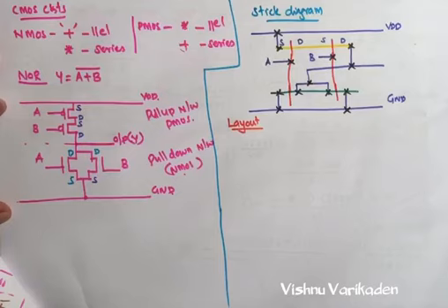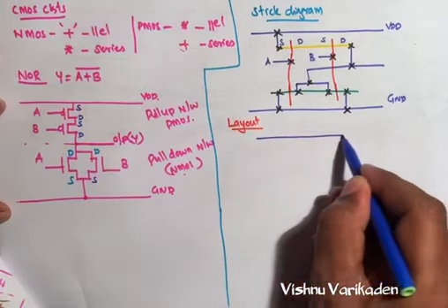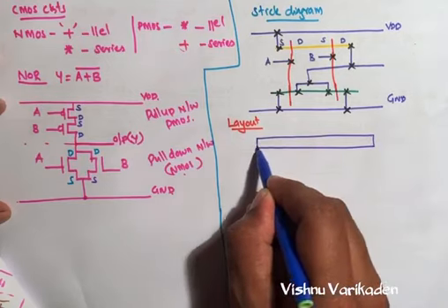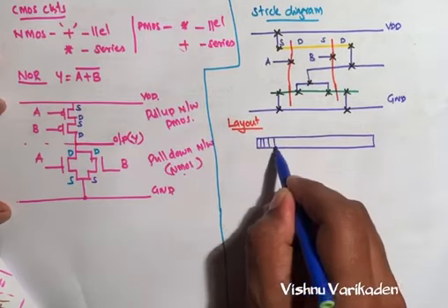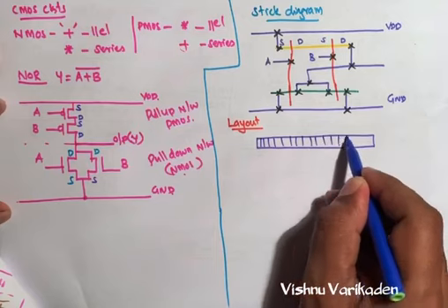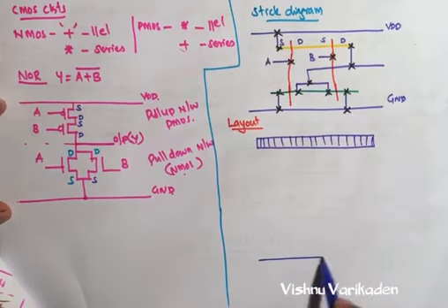In this way, we can draw the layout simply from the stick diagram. This is our VDD. So we can make the ground.